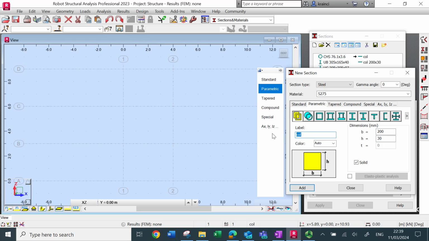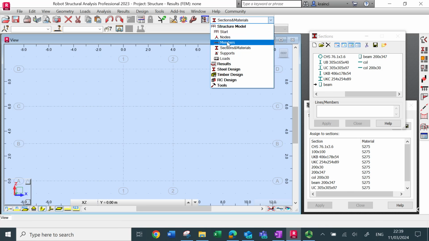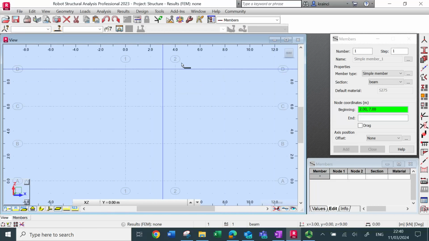Next one, I'll do beam. Same width, but the depth is 347. And close. So now that I have added the sections, I can create members. Because I have the grid lines, I don't need to put the nodes. I already know where the nodes are.